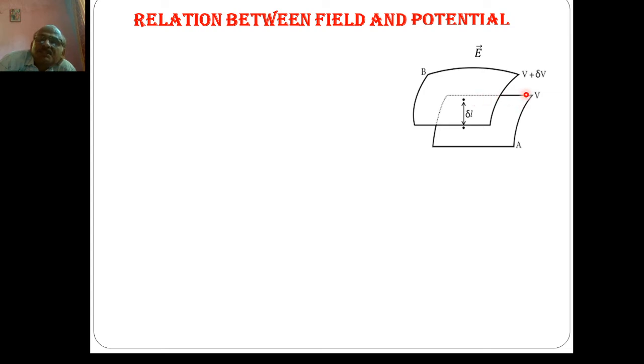Let the potential on surface A be V, and the potential on surface B be V plus delta V. It is the difference in the potential between A and B. At point P, the electric field direction is as shown.